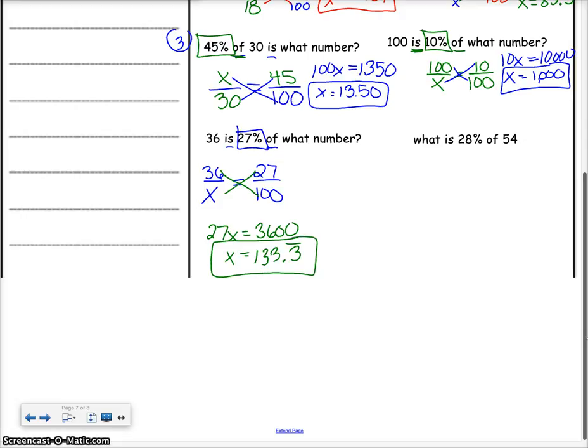And last one. What is 28% of 54? Make my template. 100 goes on the bottom right. Is is my first vocab word, but I have a what and a 28%. So I put my 28 with the percent. What means a variable, so that would go on top. Of is my 54.